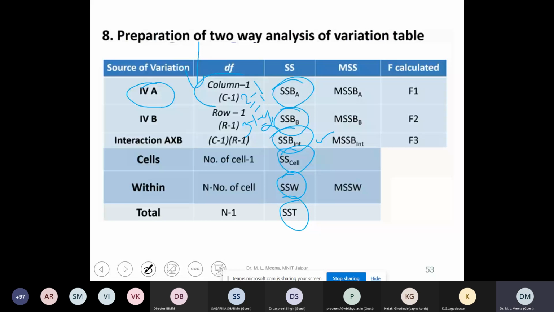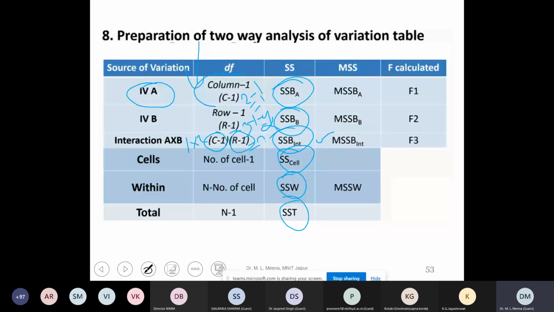Next is the degree of freedom for interaction A and B. The formula is column minus 1 into row minus 1. Column minus 1 equals 1 and row minus 1 equals 2. So the degree of freedom for interaction A and B is 2.